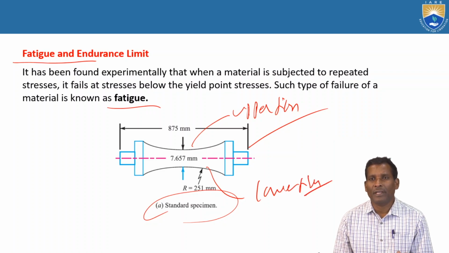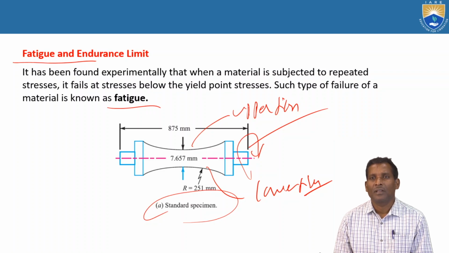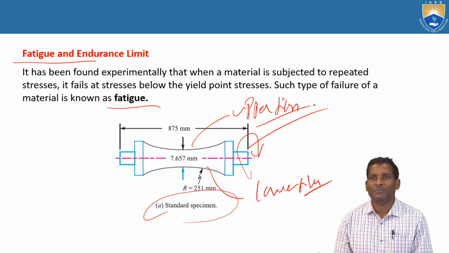The stresses vary when this object, subjected to bending load, starts to rotate in the fatigue testing machine. The stress varies from compressive to tensile at the upper fiber, and similarly at the lower portion, the stress varies from tensile to compressive.